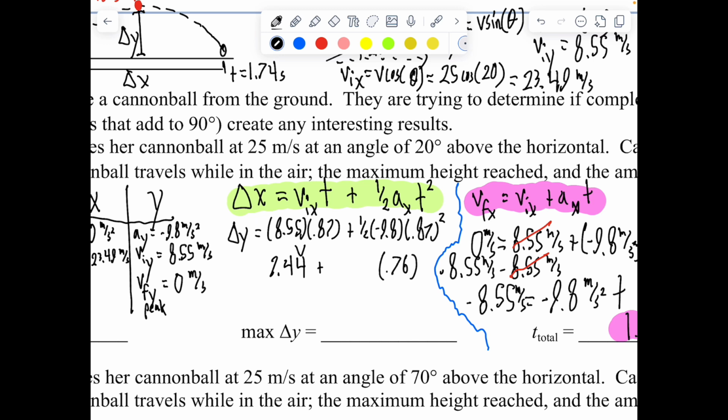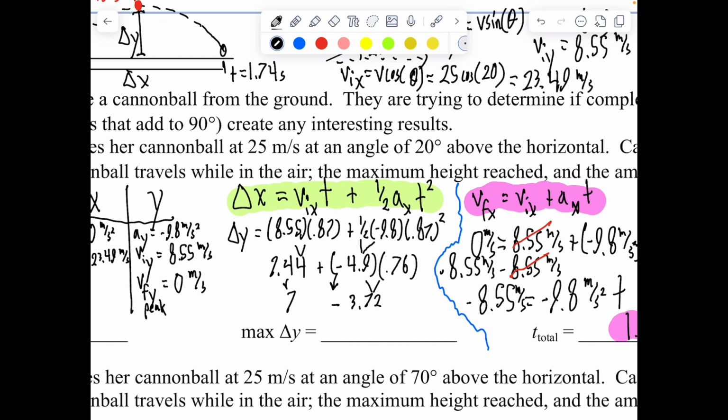That is 0.87 squared. Let's combine our negative 9.8 and 1/2, multiply them together. We'll get negative 4.9 here. Now, we just need to take our 4.9, take our 0.76, multiply them together, and we will get our answer, 3.72.